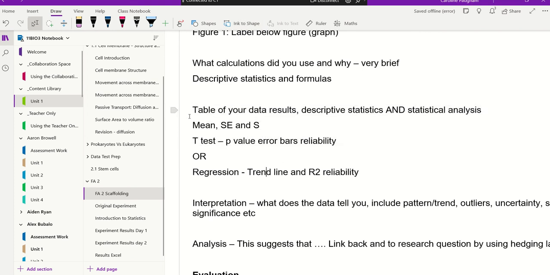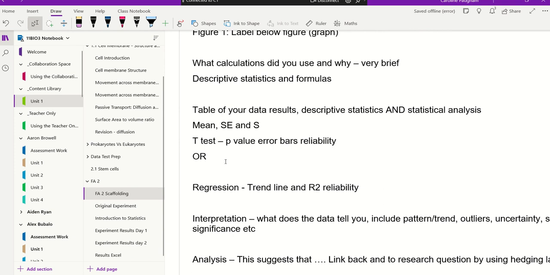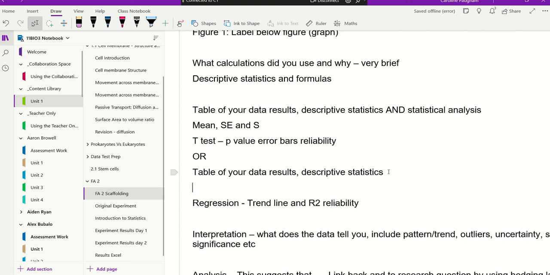Alright, so I also need to have put in a table of your data result, descriptive statistics here. A graph, bar graph, error, standard error bars. So both of them need to include this. Okay?